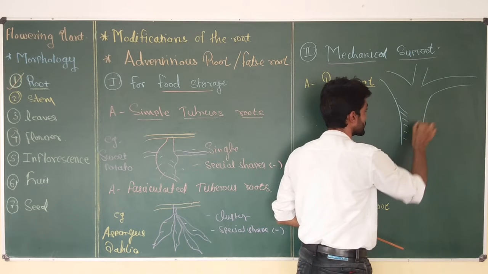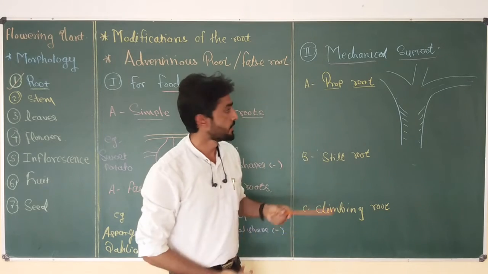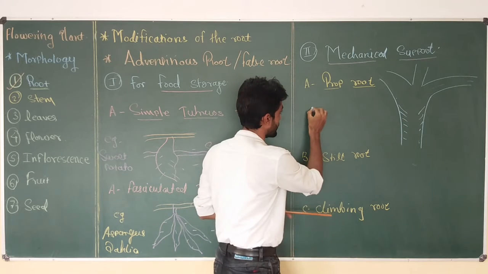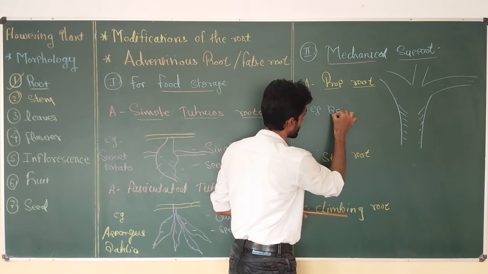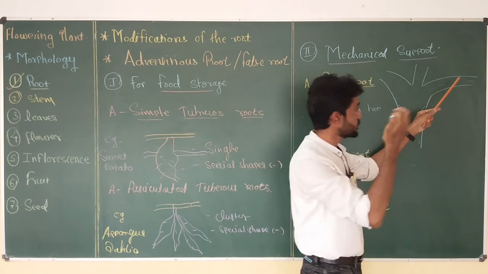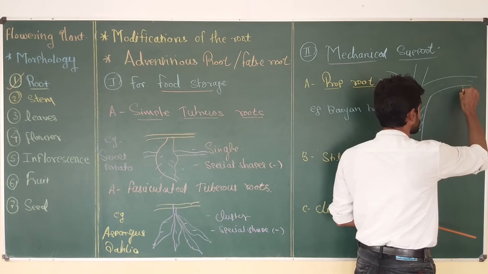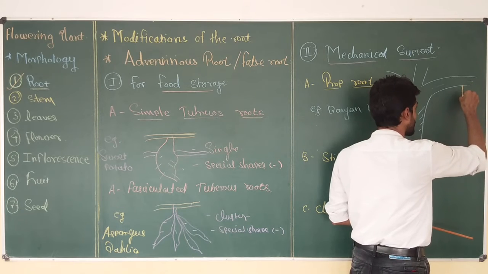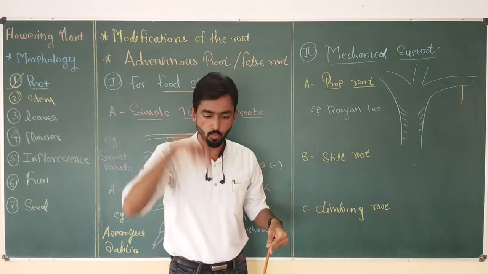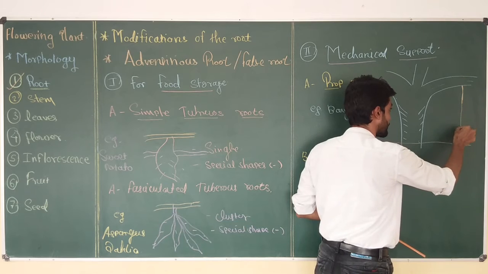Now, when the tree grows big or huge, some of the horizontal, huge or thick branches of the banyan tree develop some roots. Okay, now these roots from the tree grow vertically downward until they touch what?